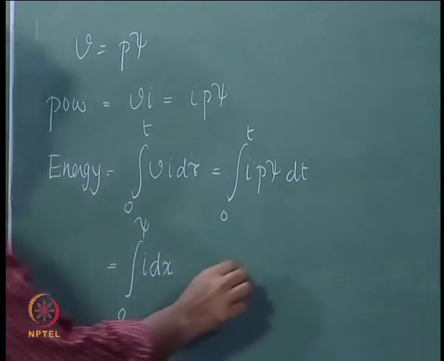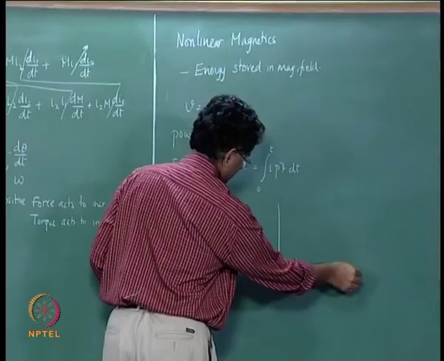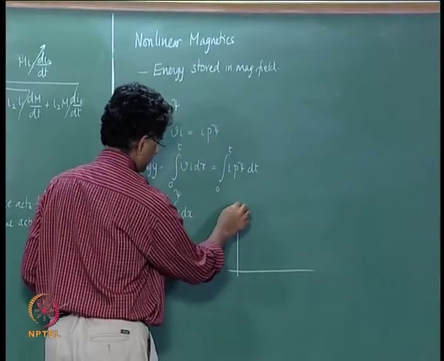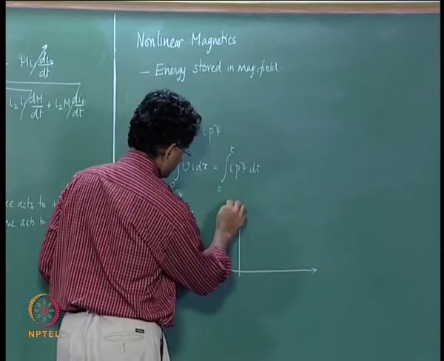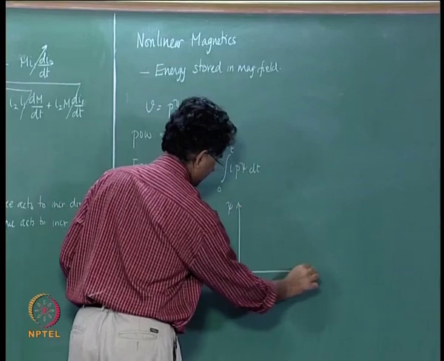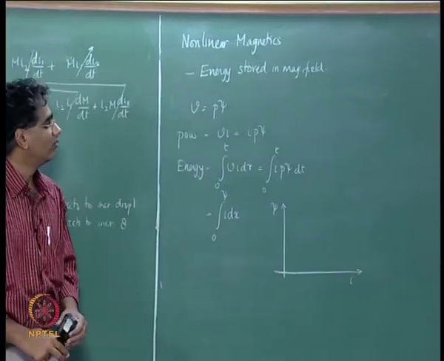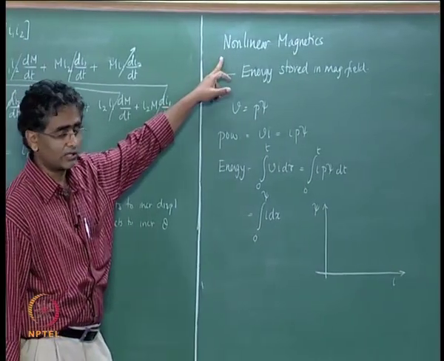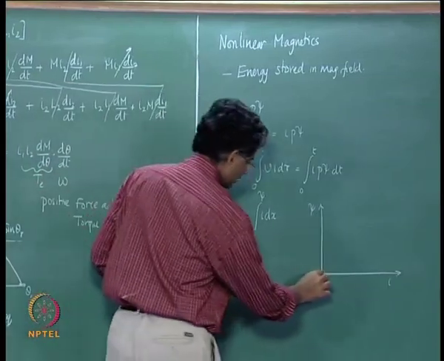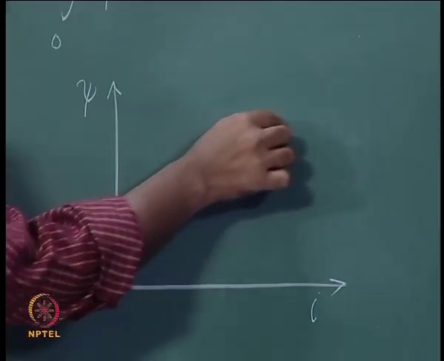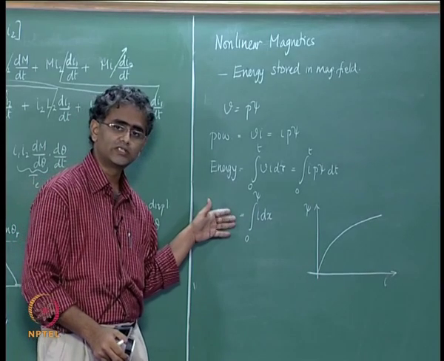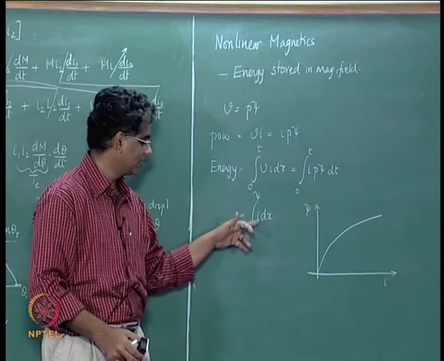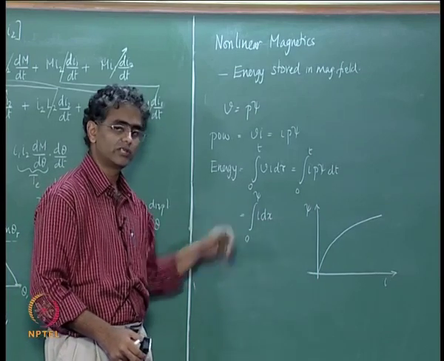Now it is interesting to note, you can just look over this until we get to the next lecture. If you plot psi versus I, when the system is not linear, this curve is going to look something like this. And what is the implication of this integration? I times dx from 0 to psi.